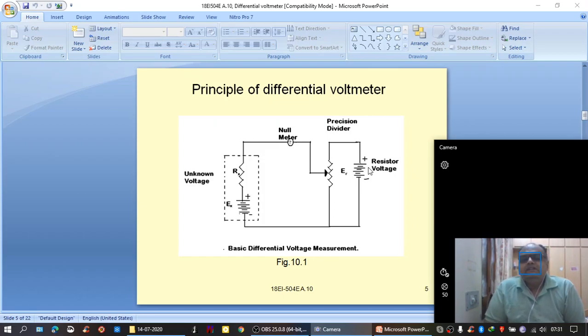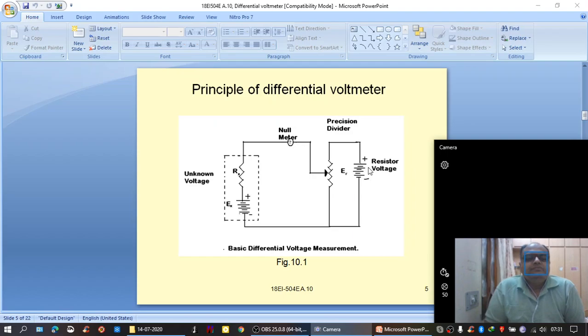So symbolically it is represented as Ex, that is the unknown voltage across a resistance having an internal value of Rx, and a null indicating meter is used here.